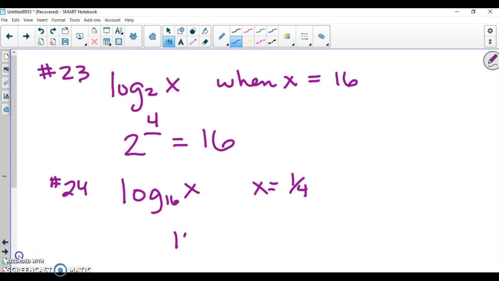So what we're saying is, 16 to what power will yield 1/4? Well, 1 over anything, we know that our power needs to be a negative. And when we look at the relationship between 16 and 4, I realize that the square root of 16 is 4.